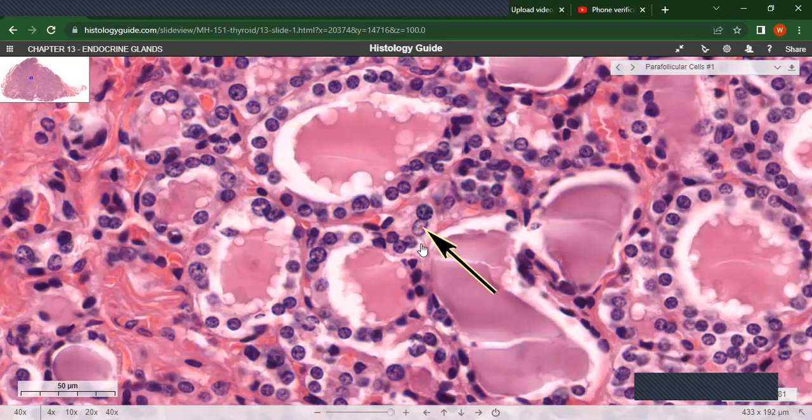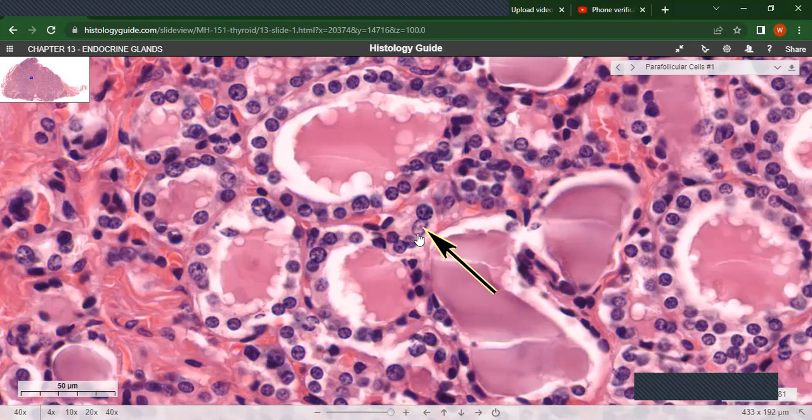Can you note how its cytoplasm is? It is clear. So that is why, from the word clear, it is either called a parafollicular cell or a C cell. So remember that the embryological origin of the parafollicular cells is different from the follicular cell.